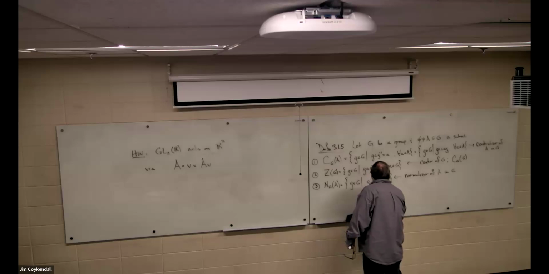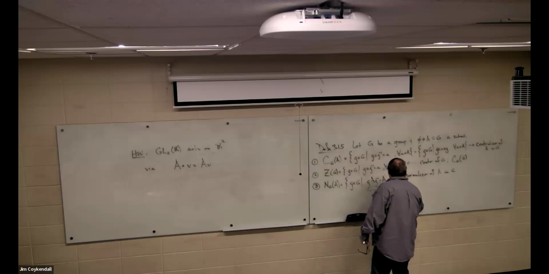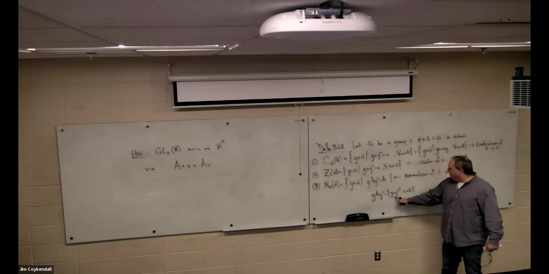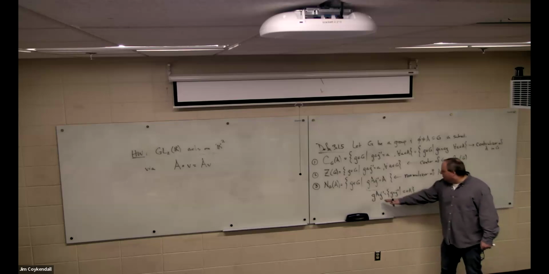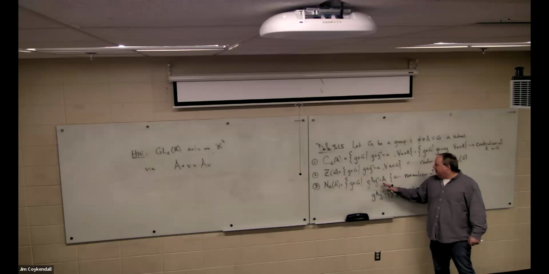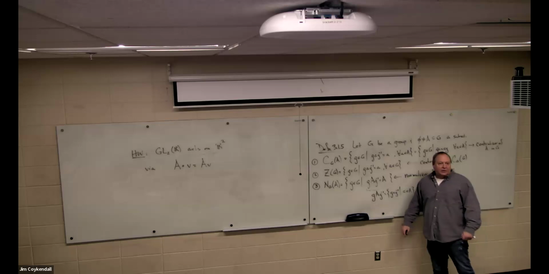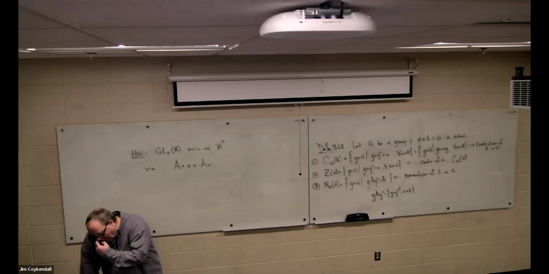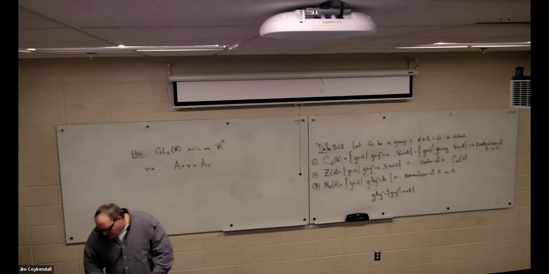G A G inverse is another set: it's just the collection of all the elements of the form G a G inverse as a runs through all the elements of A. If this set is equal to A, then we say G is in the normalizer of A in G.